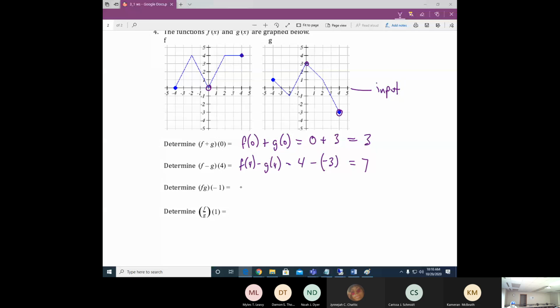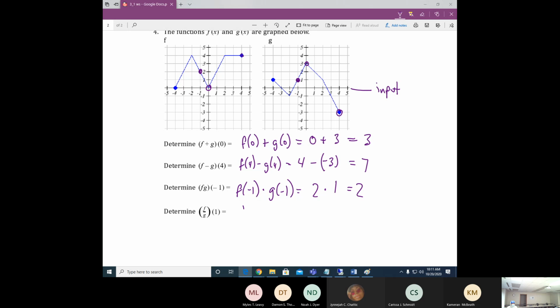F times G at negative 1, again, is just F at the value of negative 1, times G evaluated at negative 1. Well, F at negative 1 is a 2. G at negative 1 is a 1. See, I go to wherever the input to G is negative 1, figure out where that graph is crossing.